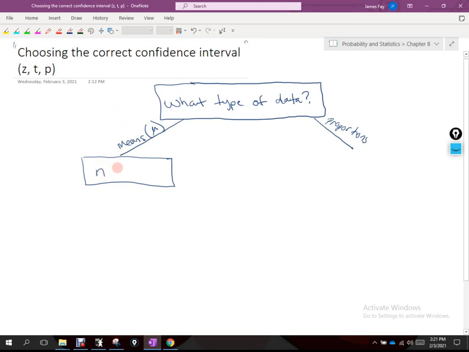The next question we're going to ask is, is our sample size bigger than or equal to 30? Central limit theorem stuff, right? Okay. Because if it's bigger than or equal to 30, it guarantees normality. The distribution becomes normal. And when it becomes normal, then we can either use the z-test or eventually the t-test.